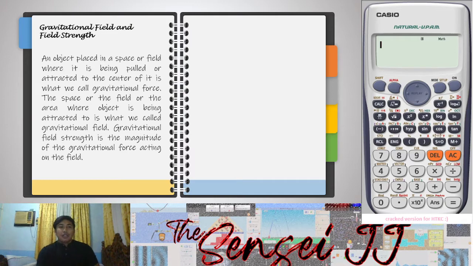Okay, so we have gravitational field and field strength. Normally when we talk about gravitational field, this is where gravity acts. The gravity here is acting, and the other object is also reacting.